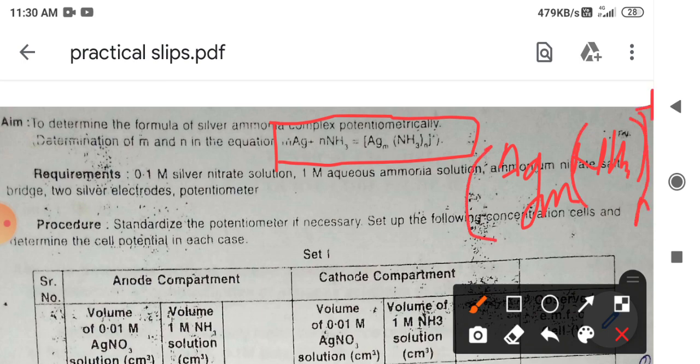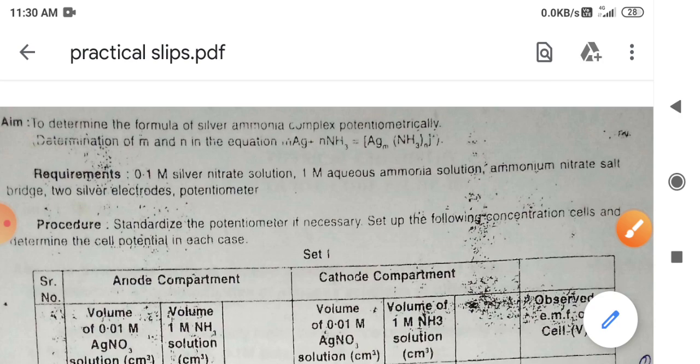Because ammonia is a neutral ligand, the overall charge on the complex will be the charge of the silver ion, that is plus m. So this is the unknown formula that we need to determine for that particular complex.